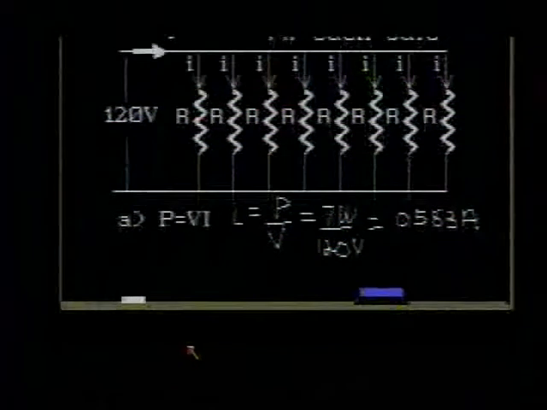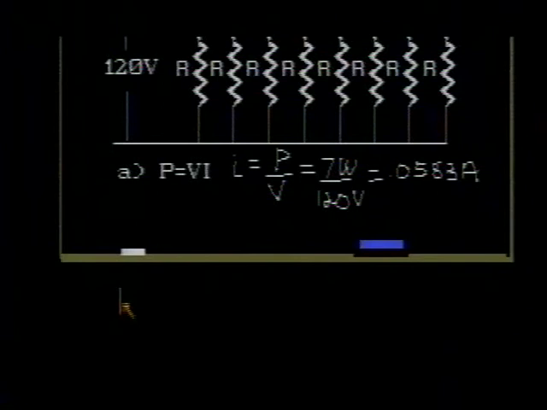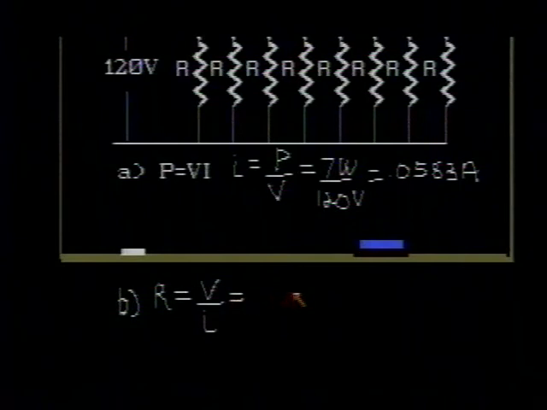In part B, we are asked to find the resistance of each of these bulbs. Using Ohm's law, we can write that the resistance is equal to the potential difference across the bulbs divided by the current through them. The bulbs are connected in parallel to the 120-volt source, so there's 120 volts across each one of them.